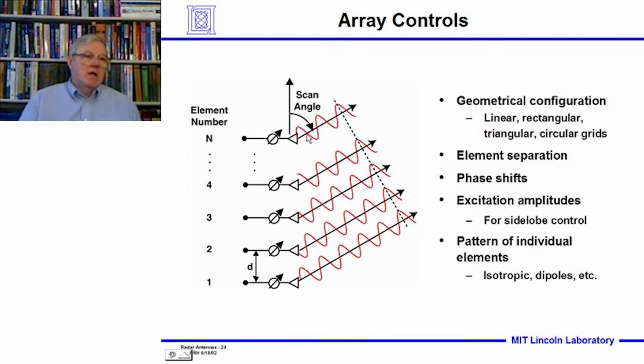Now if I want the radiation to all be in phase at a certain scan angle, then what I have to do is adjust the phase. I can set an arbitrary phase, say the first one, but I have to set the phase of all the remaining elements such that I have a maximum out in the far field along a line, along that plane wave in the far field.